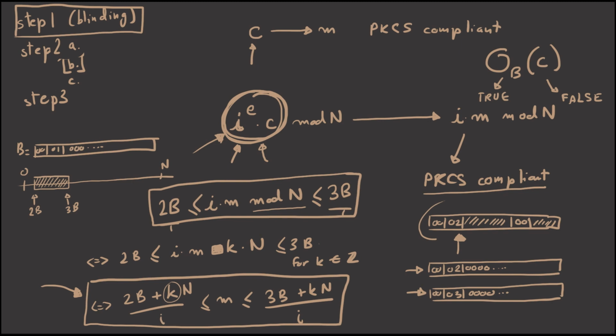But we don't know k, right? So what can we do? We can say that k can be equal to 0 or 1 or minus 1 or 2, etc. And we're not going to go to infinity, because if we calculate the bounds, which I'm not going to do, this is left for you, we can easily see that this value for k doesn't make any sense. It would place us somewhere here, which is completely out of our original bound.